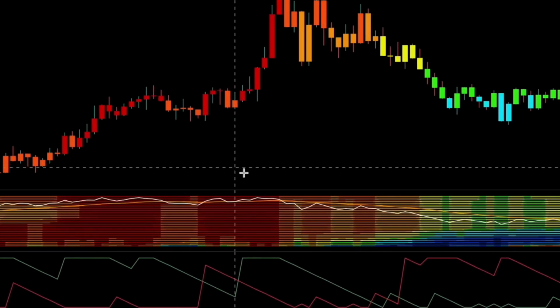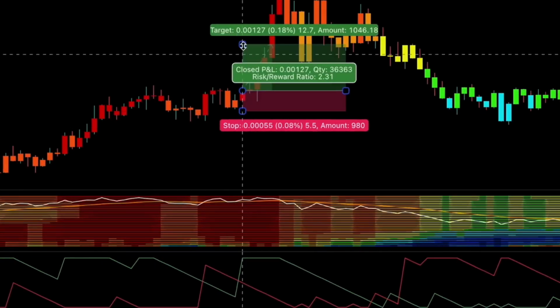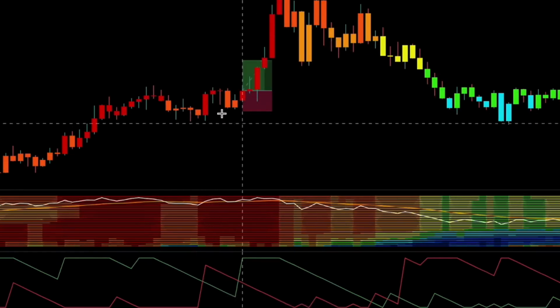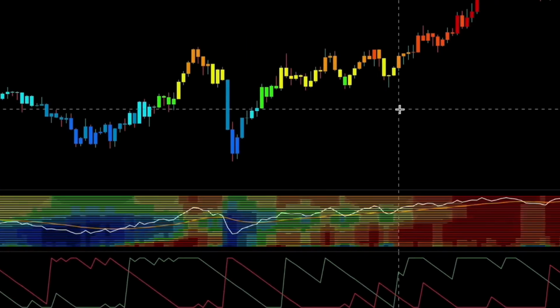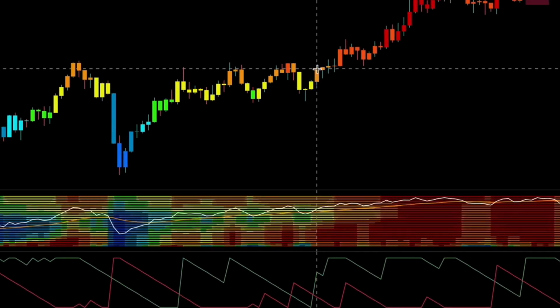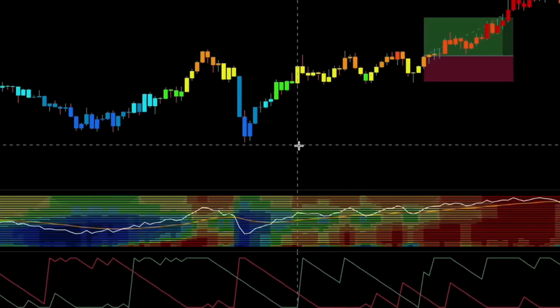A confirmed long signal results in a win, and another losing trade is avoided by the indicator. This tool is excellent at eliminating fake signals during ranging markets and confirming valid entries when the market trends. Definitely give Stochastic Heat Map a try.